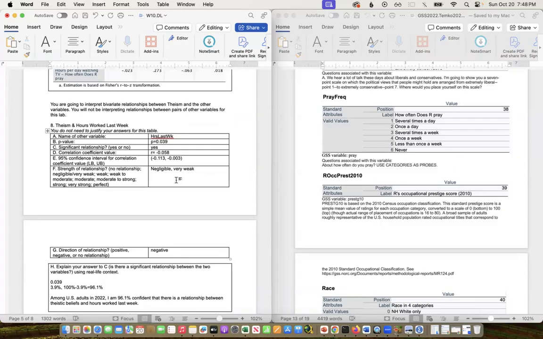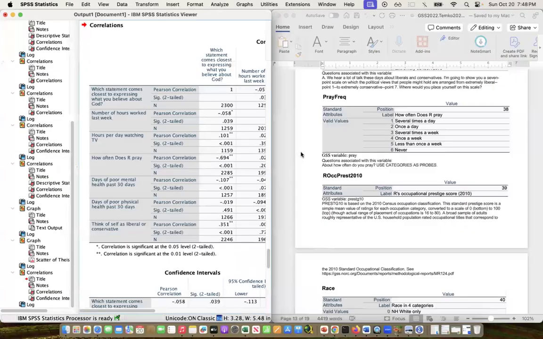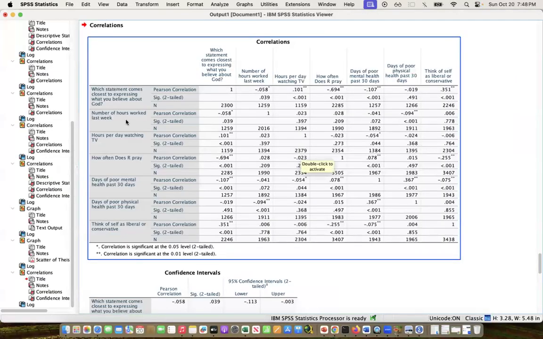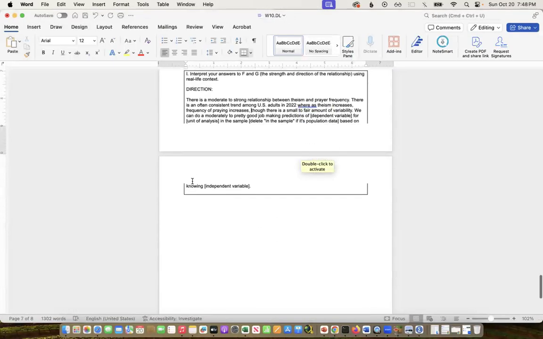So it doesn't really matter the order of that until you get into evaluating causal order and making that claim. If we look back at our correlation matrix, you can see that again, like theism with hours worked is the same as hours worked with theism, right? These are the same thing. It doesn't matter the order in that sense. Okay, so back to this last one.